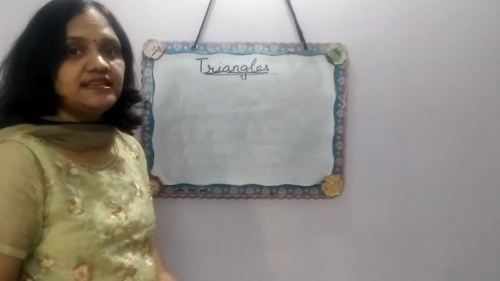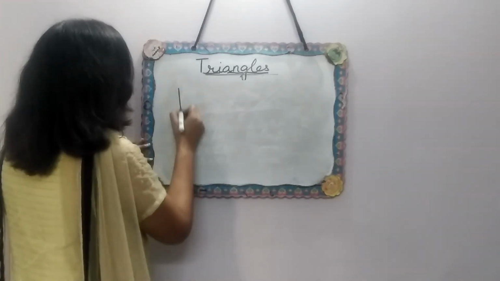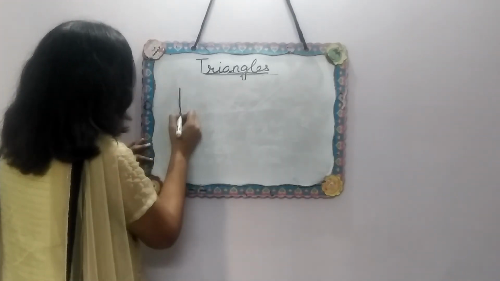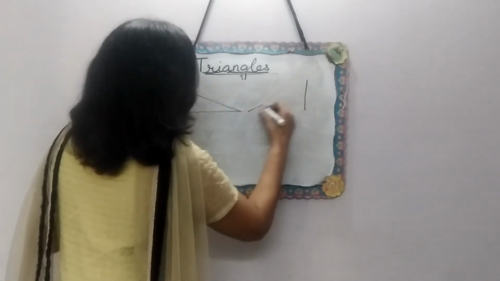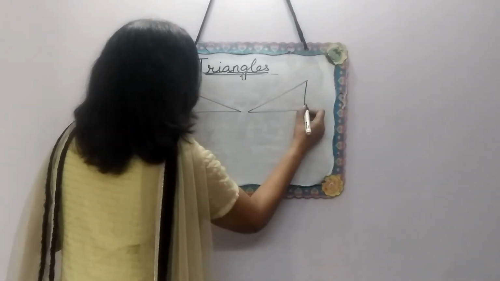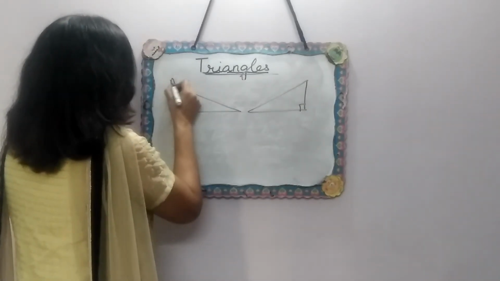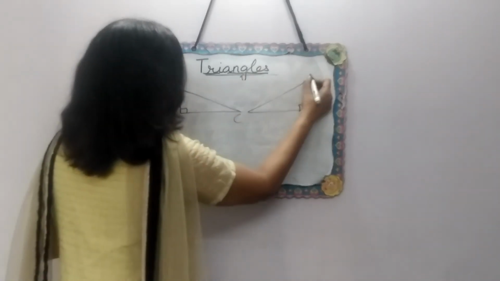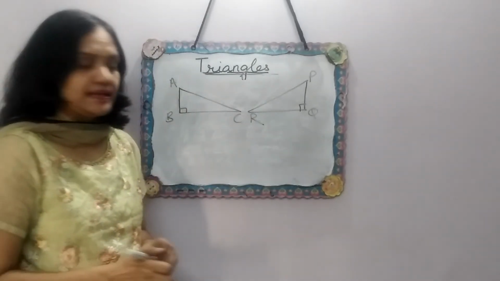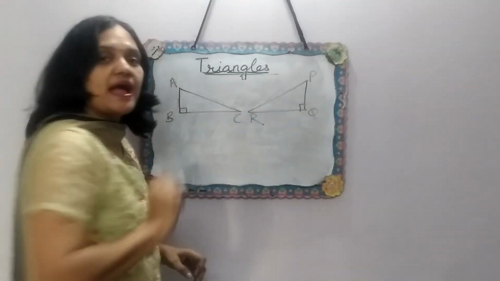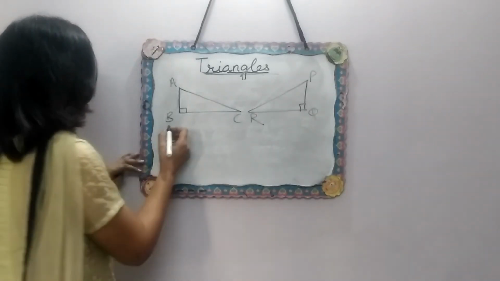Now let's study about right angle hypotenuse side. In these two triangles, angle B is equal to angle Q equal to 90 degrees.